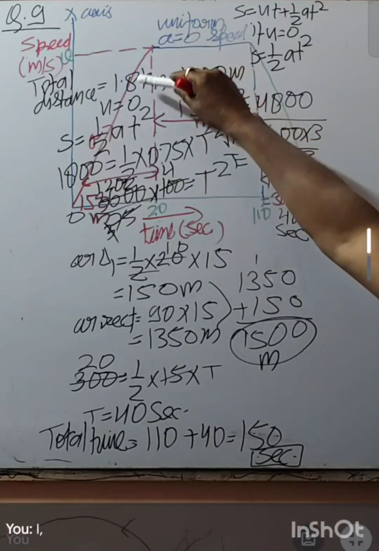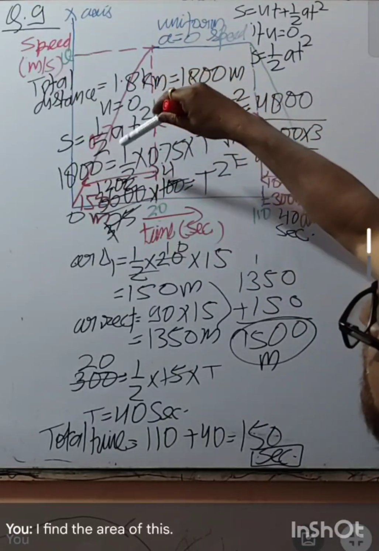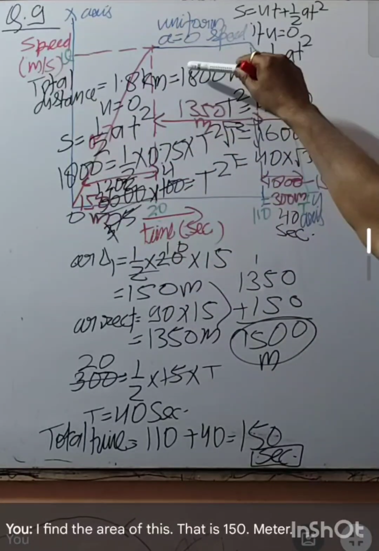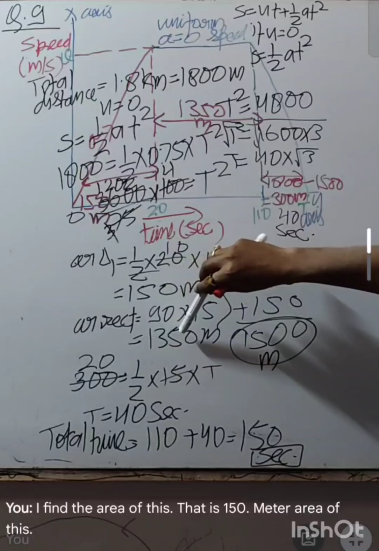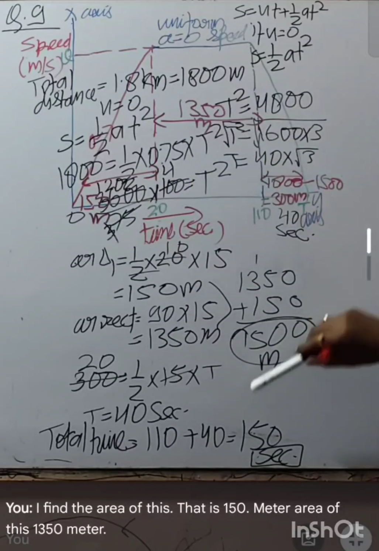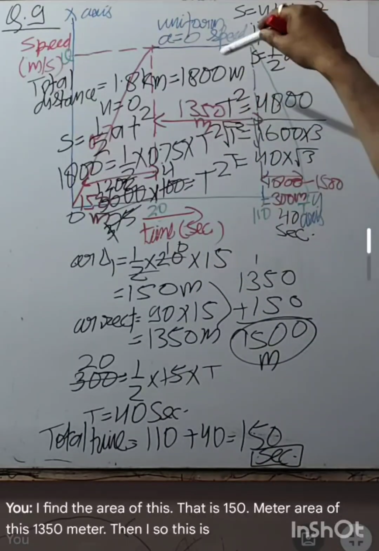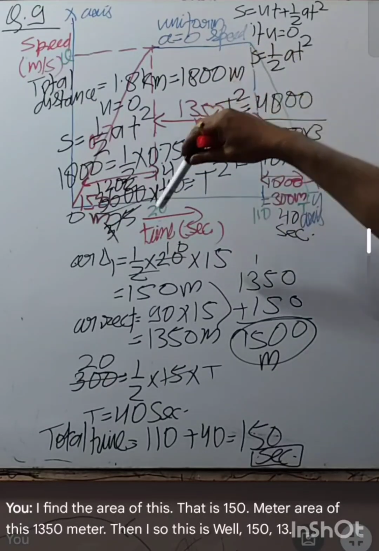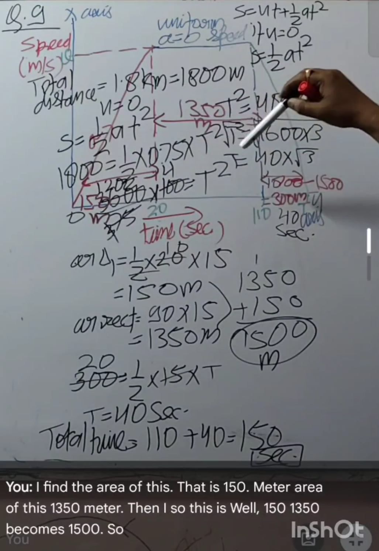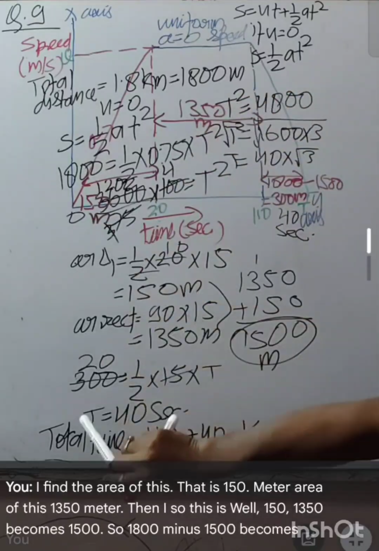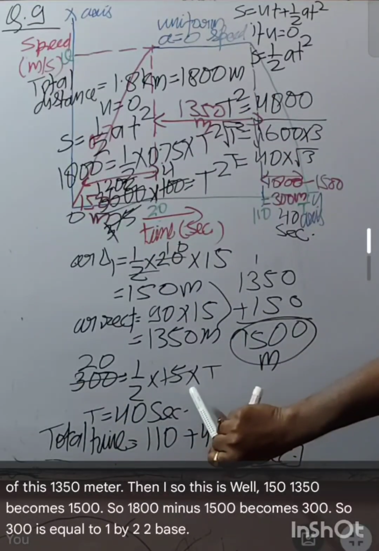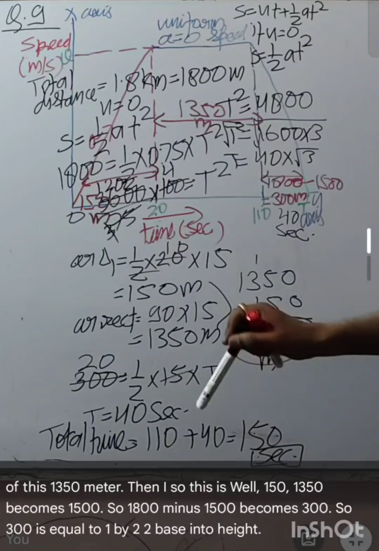I find the area of this. That is 150 meter. Area of this 1350 meter. So 1350 plus 150 becomes 1500. So 1800 minus 1500 becomes 300. So 300 is equal to 1 by 2 into height into base.